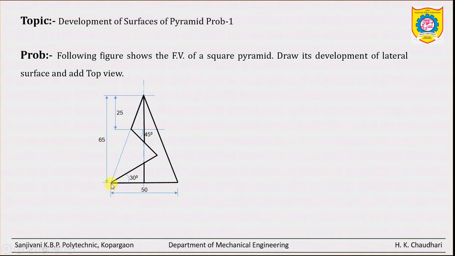The pyramid shows that its faces are equally inclined, but the diagonal distance is given as 50 mm. It is not the side of the square. So now let us try to draw such a front view of the given pyramid.